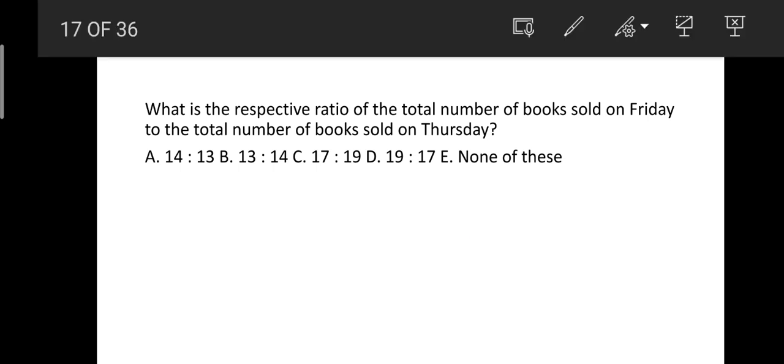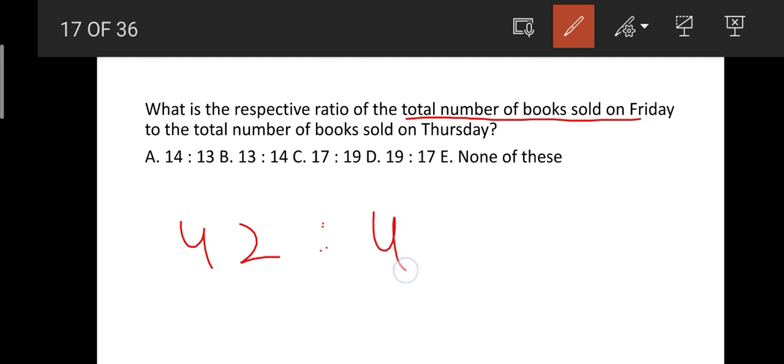Next question: what is the respective ratio of the total number of books sold on Friday to the total number of books sold on Thursday? Total number of books, that is both A and B together. The total number of books sold on Friday by both A and B together is nothing but 42, and then the total number of books sold on Thursday is nothing but 43.